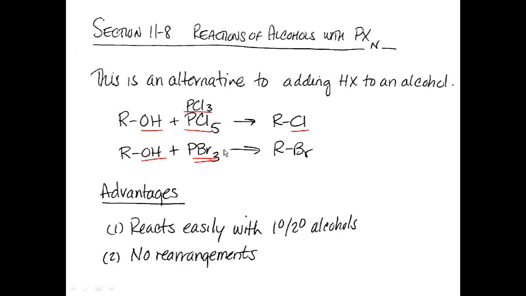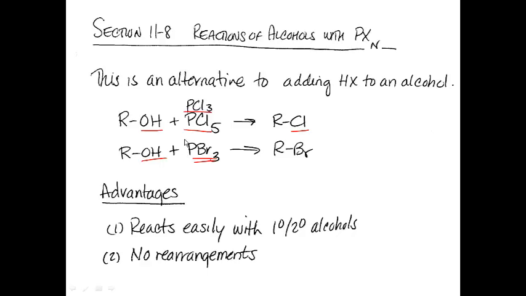Now the advantages that these reagents have are that they react very easily with primary and secondary alcohols. So there's no need for a lot of reflux if you're using these reagents. Last semester we could have saved ourselves 45 minutes had we not reacted the butyl alcohol with HBr, or with sulfuric acid and sodium bromide, and instead added just PBr3.